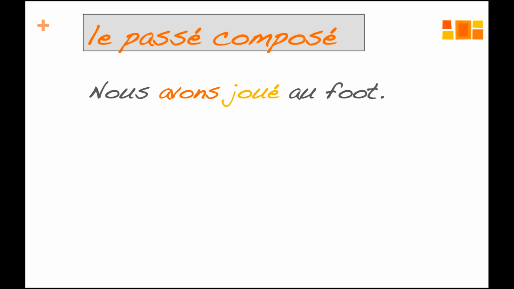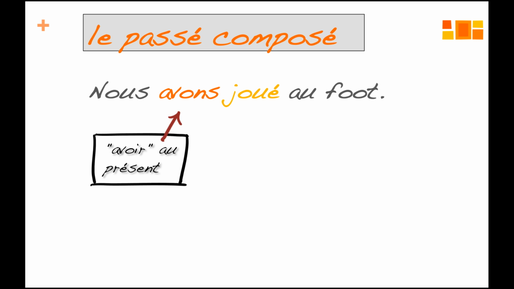Now, you notice right away that this past tense, le passé composé, has two parts. Your first part, at least for this video, is avoir, which is 'to have,' conjugated in the present tense. Avoir au présent.